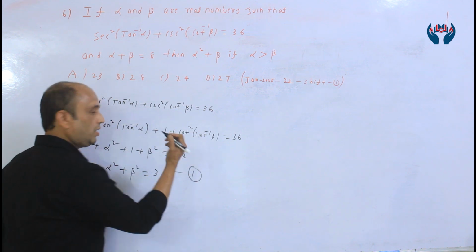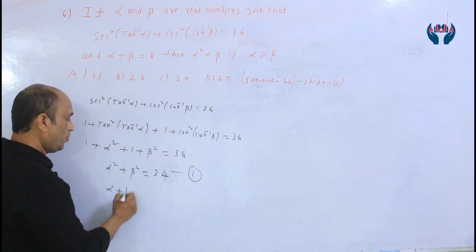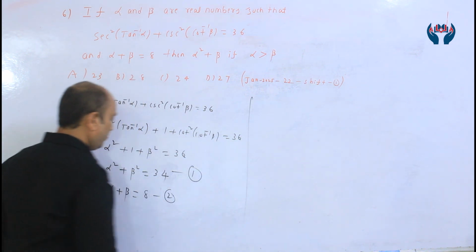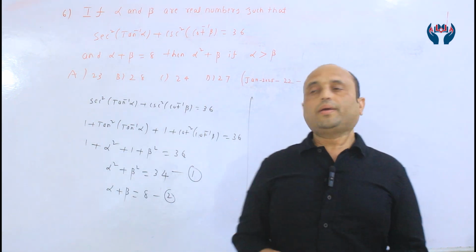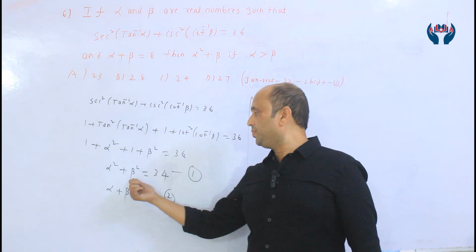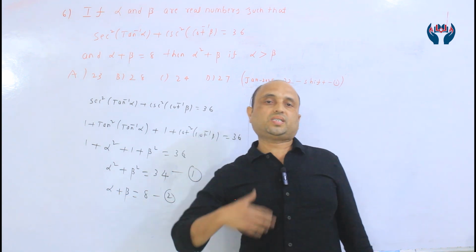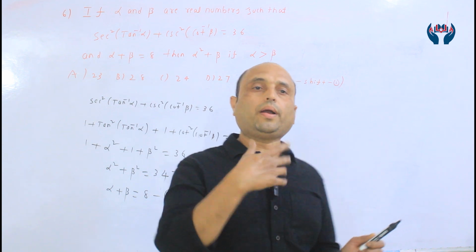This is the first equation, and the second equation is alpha plus beta equal to 8. By using these two equations, find the alpha value. We know alpha square plus beta square equal to 34 and alpha plus beta equal to 8. Just convert into a quadratic equation in terms of either alpha or beta.